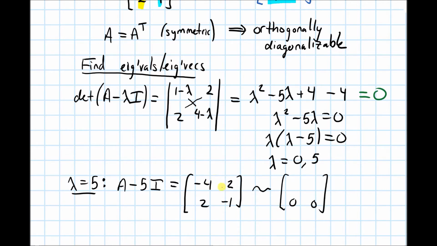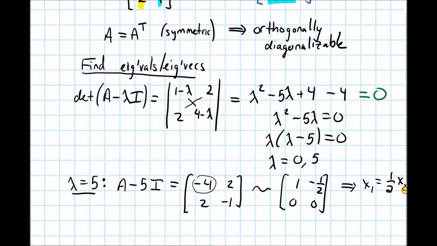For the other row, I can quickly see what it is by taking the top row and trying to make this negative 4 become a 1, which I could do by dividing by negative 4. That would give me 1, and then negative 1/2. That's what it row reduces to. If I write the equation for the top row, we get x1 equals 1/2 x2.